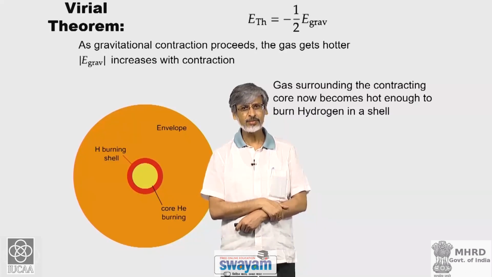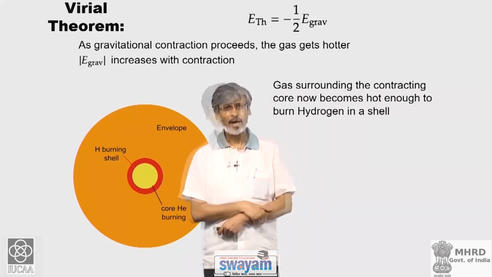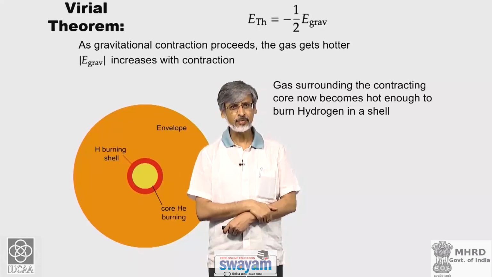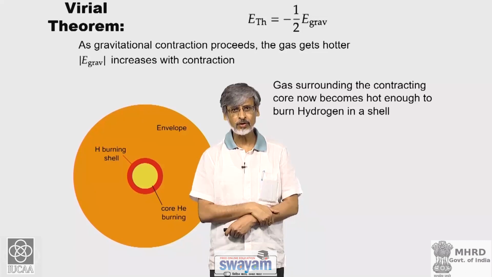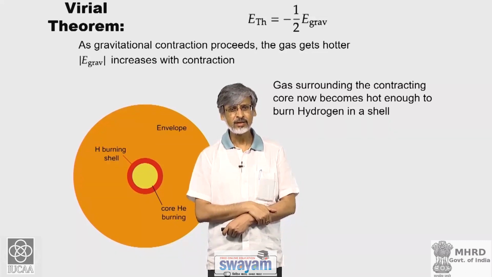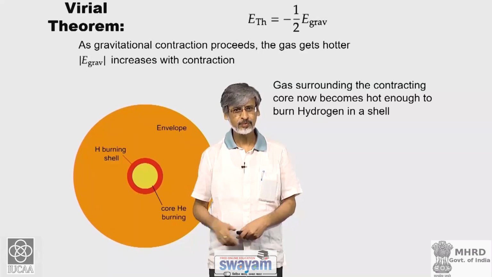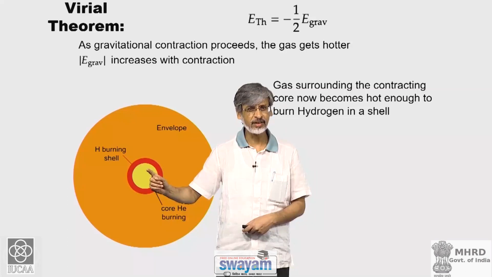Sometimes this is referred to as the configuration having a negative specific heat. As the gravitational binding energy rises with contraction, the material gets hotter, and while the core here is now inert, it is not burning anything.